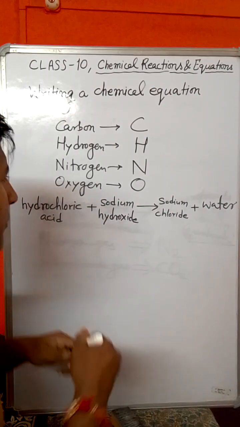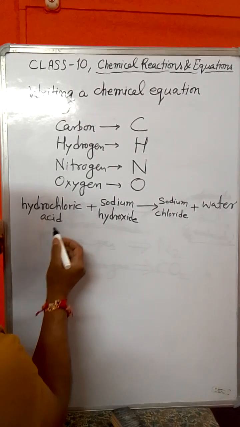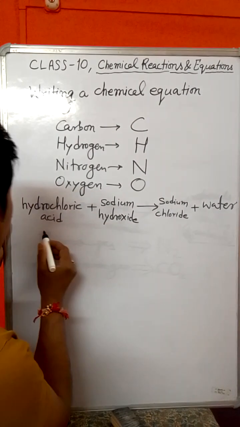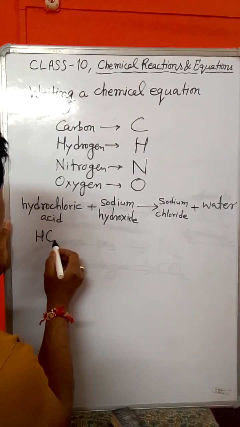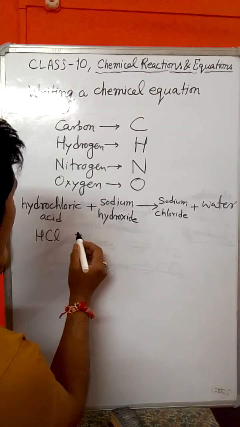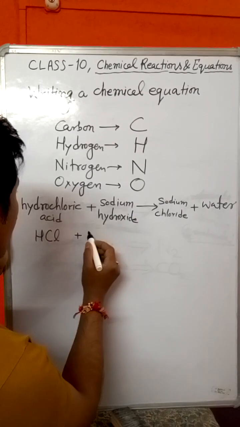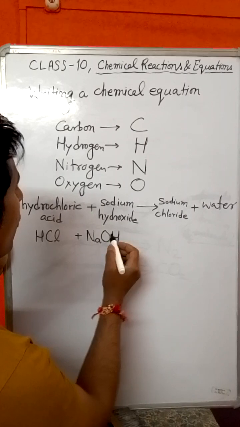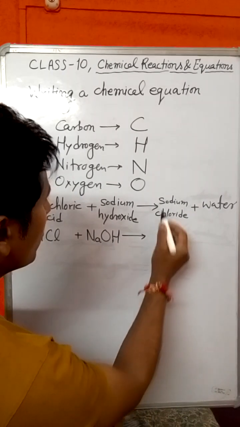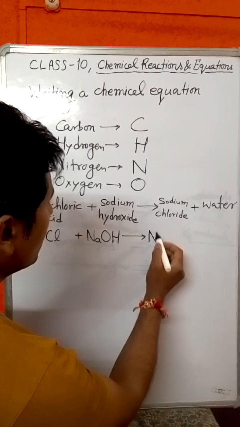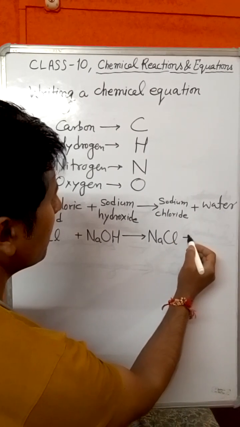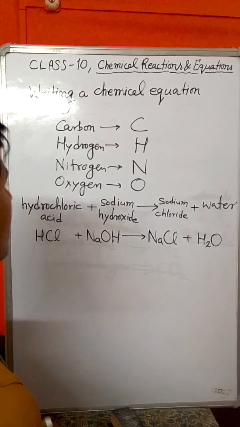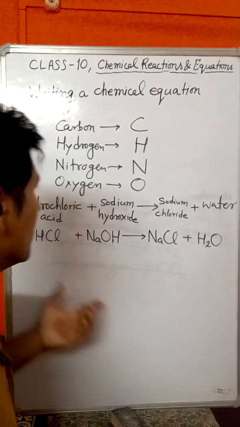Now if we have to mention it symbolically, what we can write is: hydrochloric acid is denoted as HCl, and sodium hydroxide is denoted as NaOH. And sodium chloride salt is denoted as NaCl plus water, which is denoted as H2O.